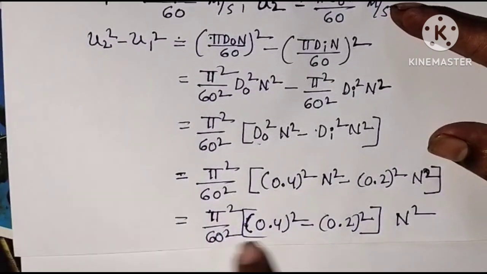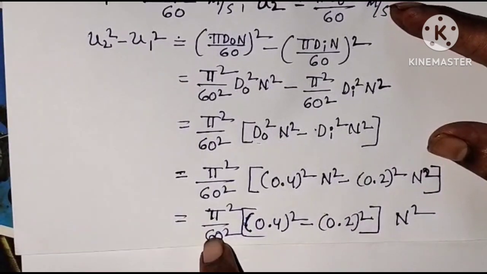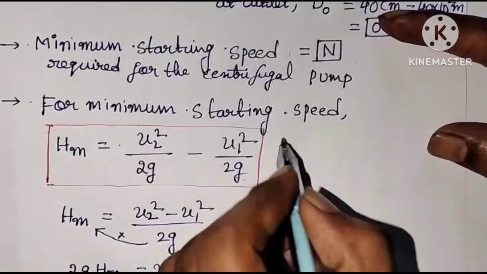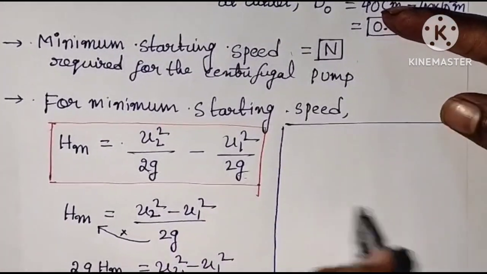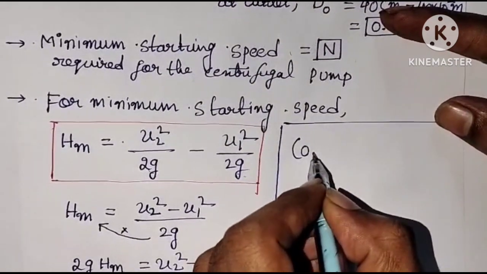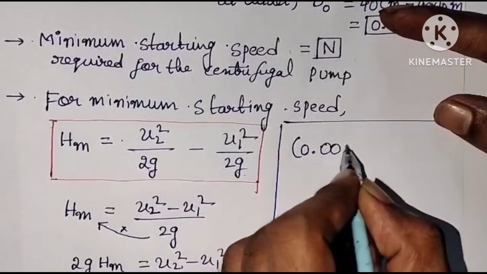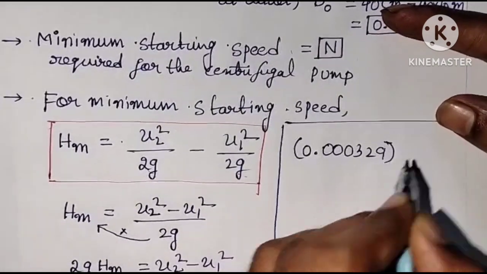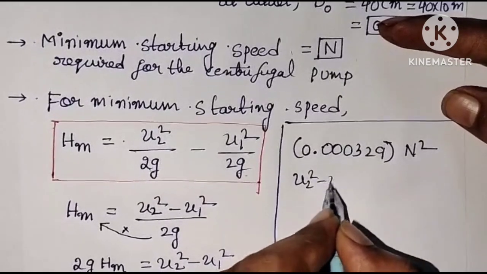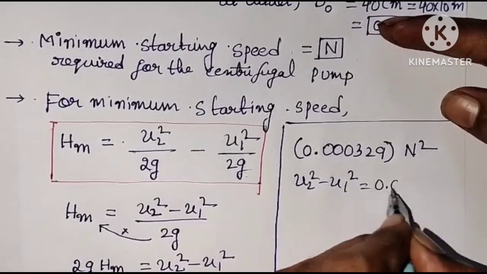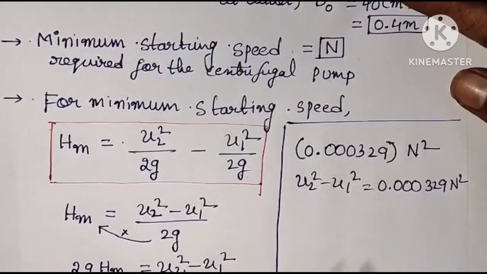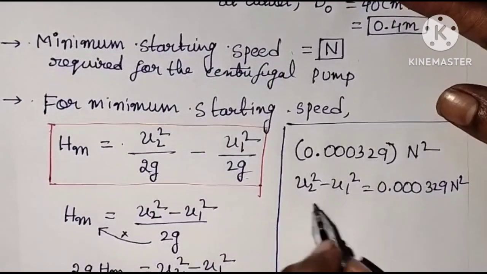Calculating the value of this, you will get around 0.000329 into N square. Therefore, U2 square minus U1 square is equal to 0.000329 N square.